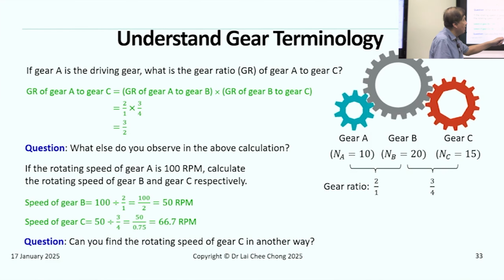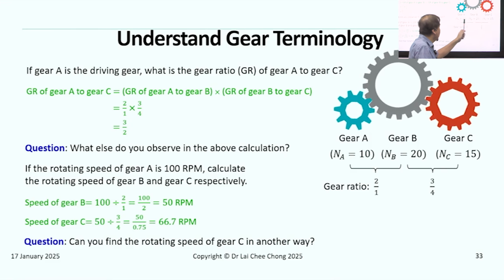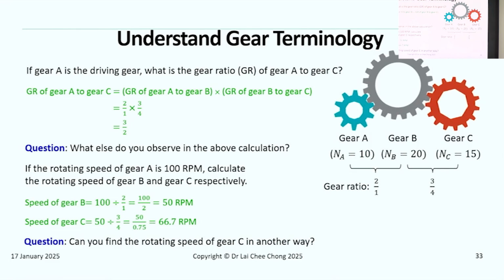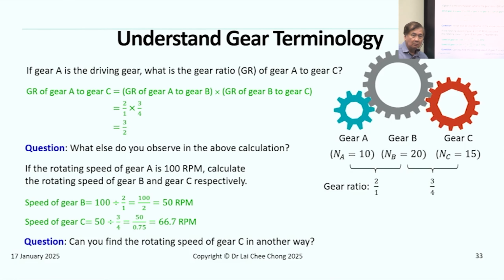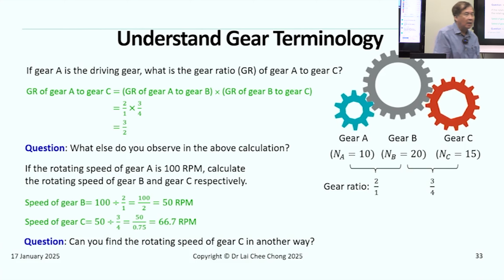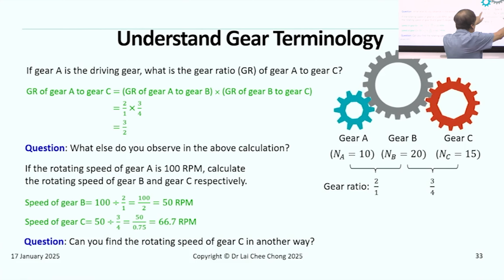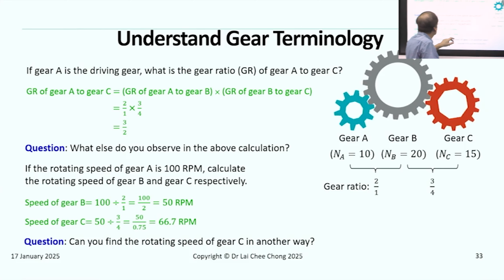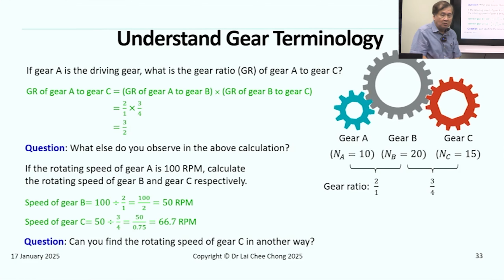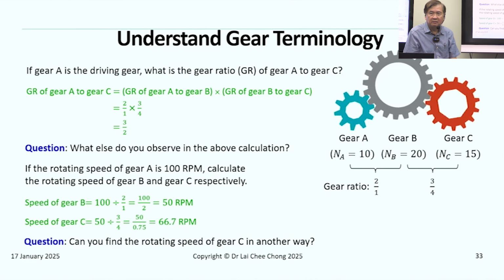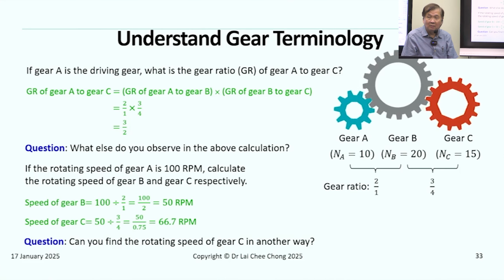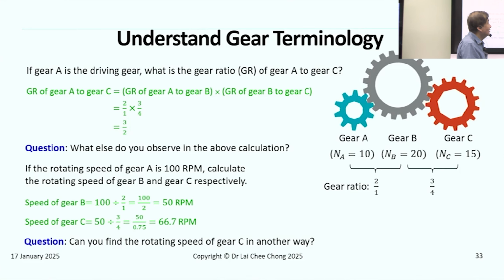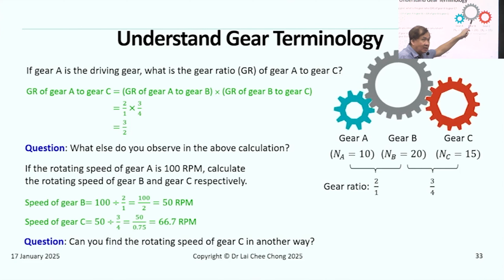Can you see that 15/10 is the same as what? Yes, right? You can take these two gears, A and C, ignoring the B. You still get what? 3/2 or 1.5.